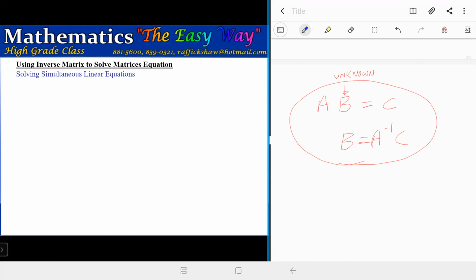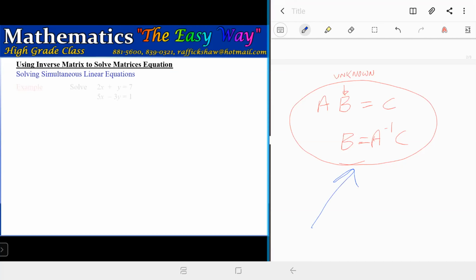Maybe 50% or 60% of the matrices questions you get in the CXC exam, especially in section 2, usually one of the last questions on the paper, tell you to use a matrices method to solve simultaneous equations. It's basically an application of this same thing. We're going to use the inverse matrix, and practice some questions, and you'll see that it's really very simple.